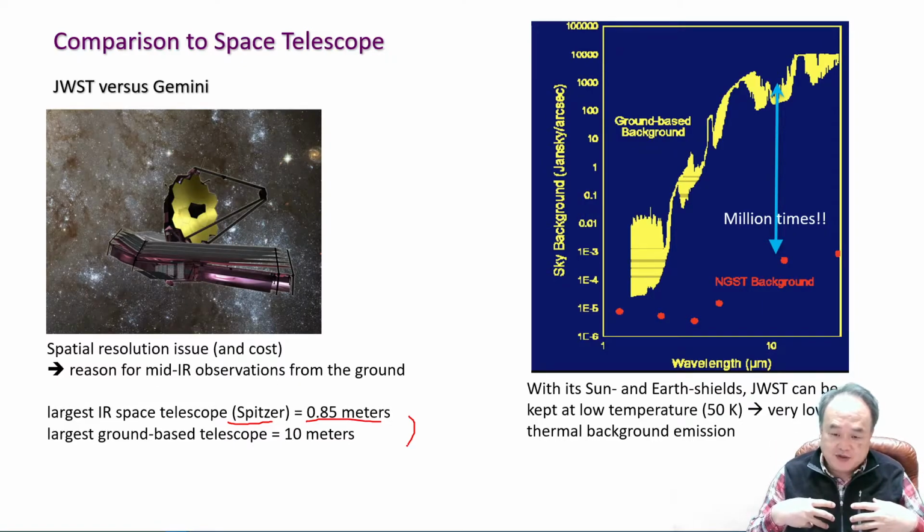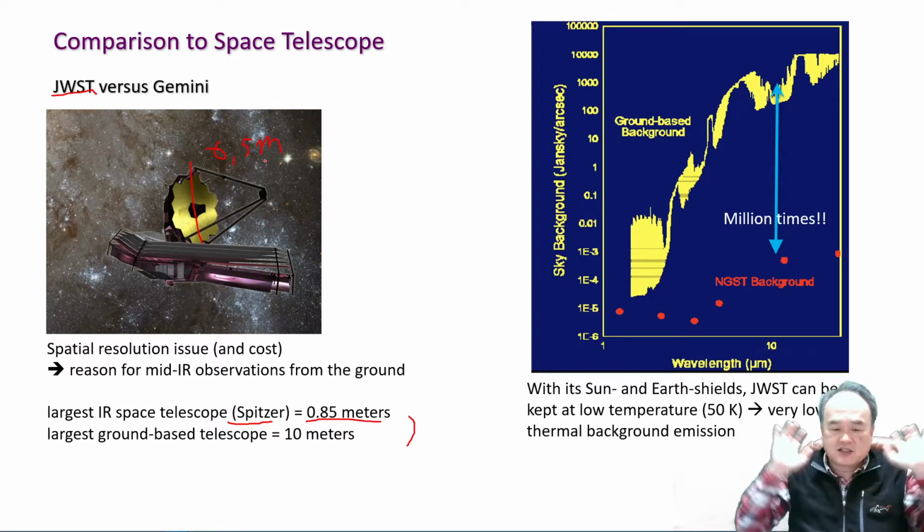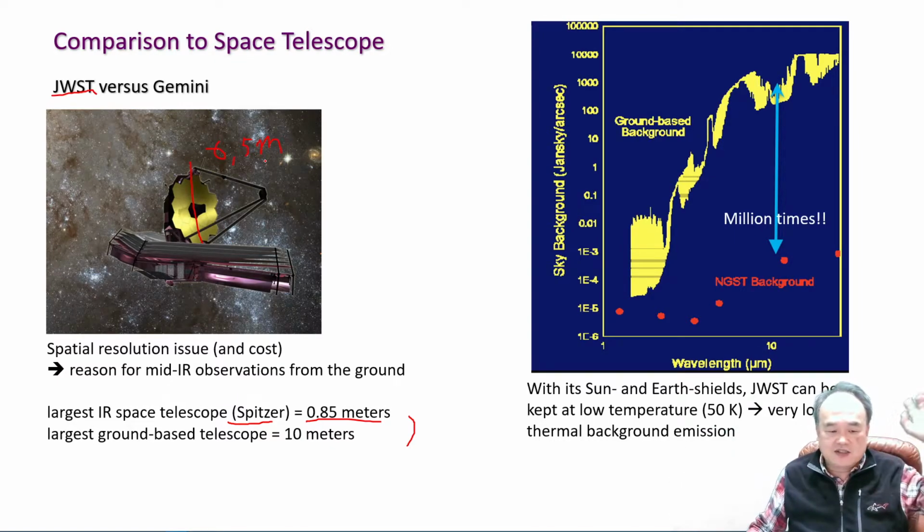If we put the telescope in space, like the next generation telescope called the James Webb Space Telescope, the mirror size is 6.5 meters, I think, and it has two shields. One is the sun shield, the other one is blocking against the Earth's shine.